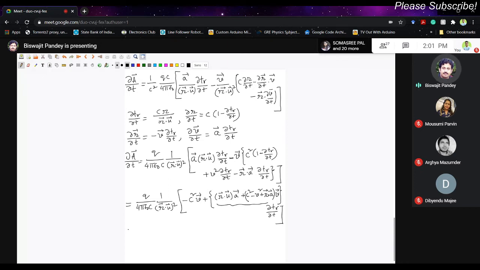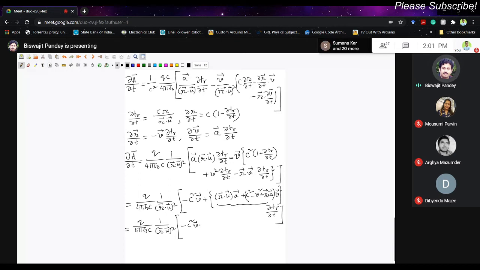This will be equal to q over 4 pi epsilon 0 c, 1 over r dot u whole square. Then we have a third bracket here, minus c square v.